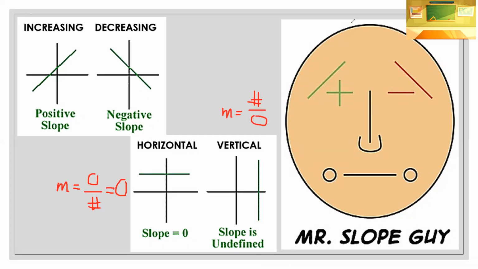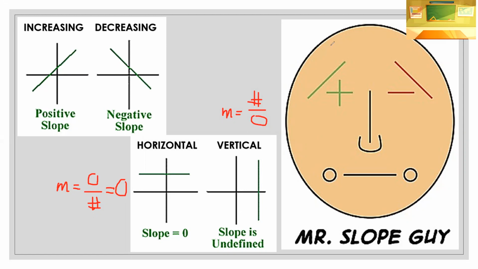So ang graph nyo dyan ay vertical line. Okay po? Again, pag horizontal, ang slope nyo dyan ay 0. 0 divide any number: 0 divide 11, 0 divide negative 7. So, 0 slope nun. Pero pag any number divide 0, example, 7 divide 0, 10 divide 0, negative 10 divide 0, ang slope nyo dun ay undefined.